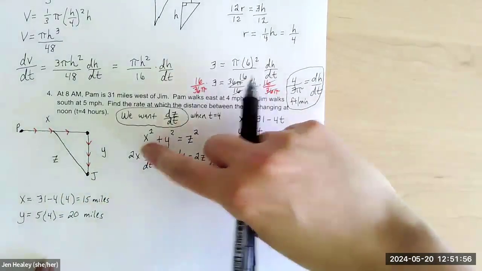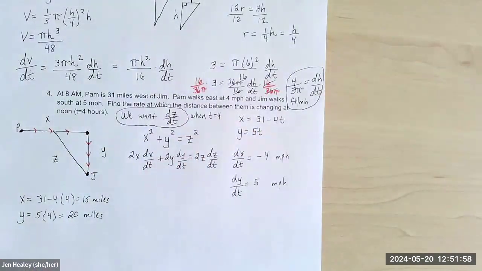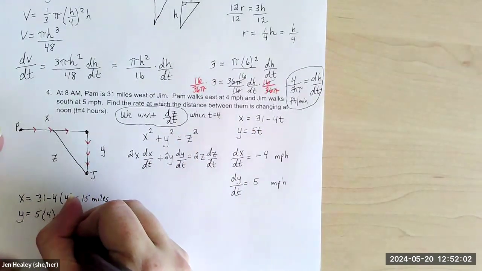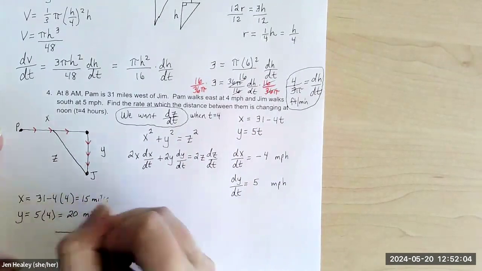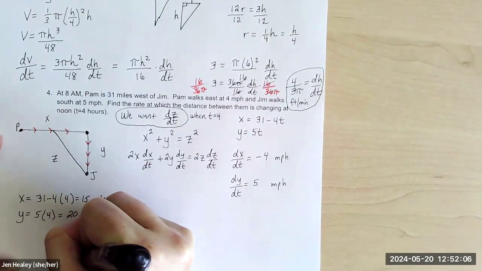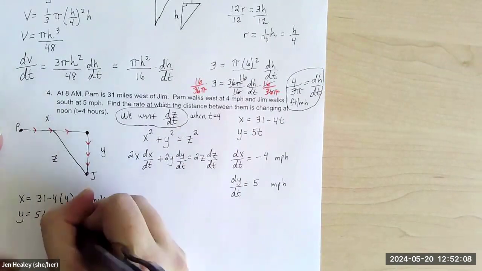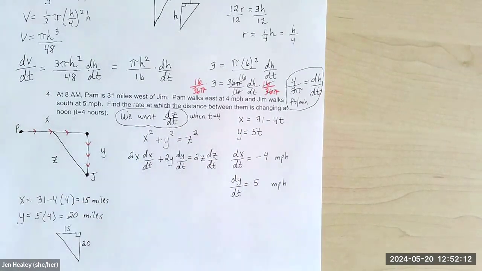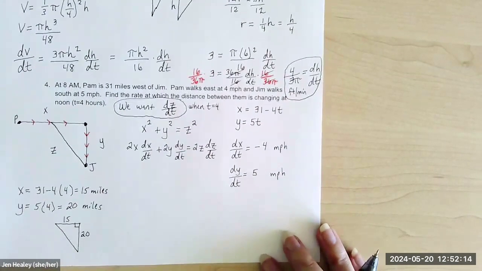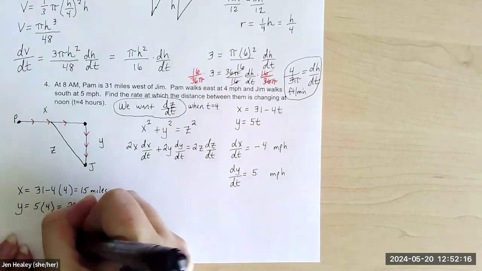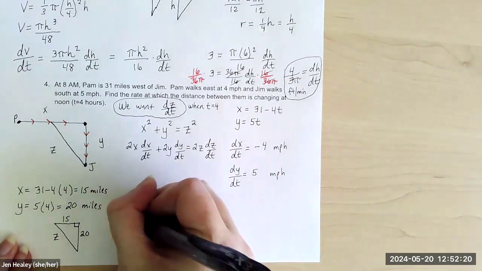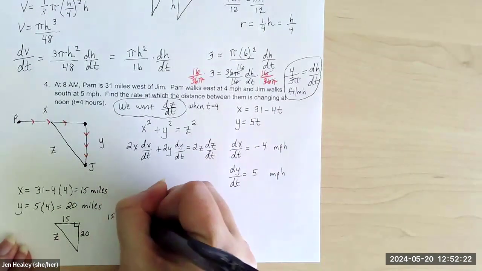So I have the x and I have the y, but I don't have the z. But that's okay because I can make myself a right triangle. My x is 15, my y is 20, and so I can use that information to find what the z is supposed to equal with my Pythagorean theorem. Which is 20 squared plus 15 squared equals z squared.